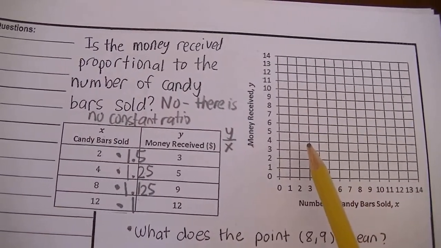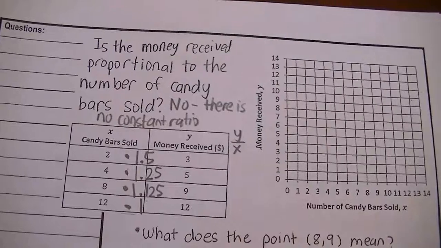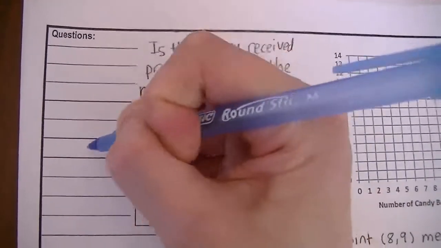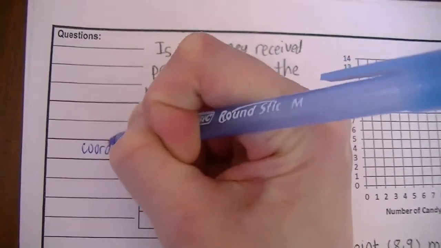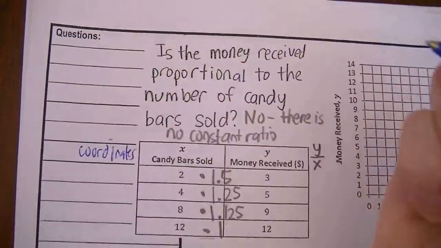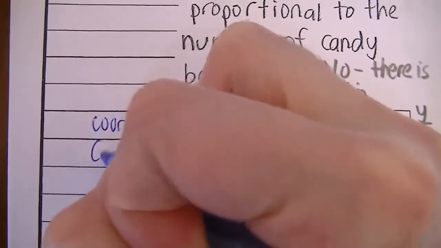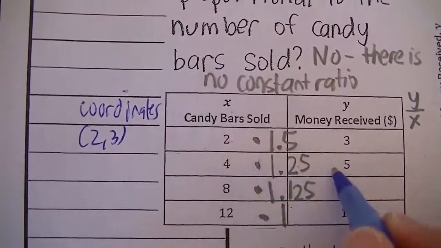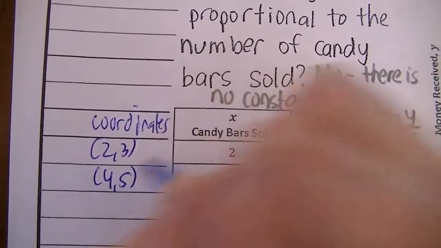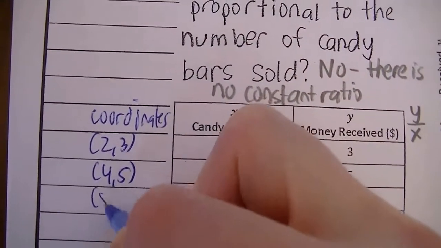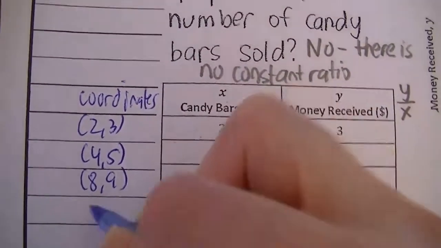So we're going to examine the characteristics that make this graph not proportional. So those points or coordinates, I'm going to write them over here: 2, 3, x and then y, 4, 5, 8, 9, 12, 12.